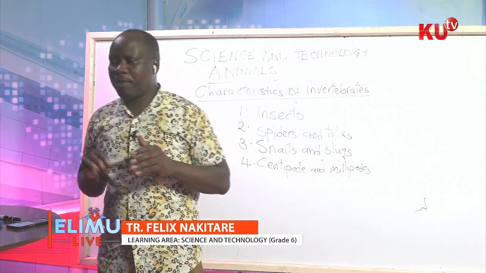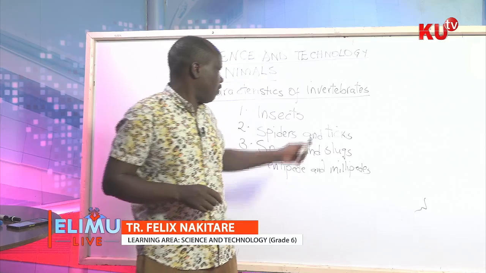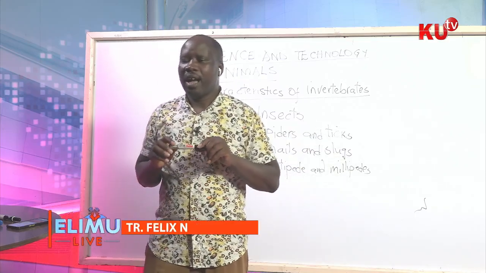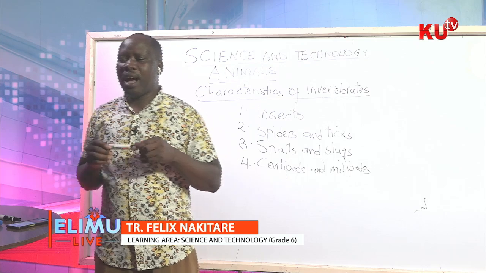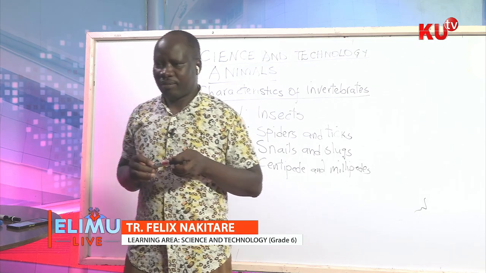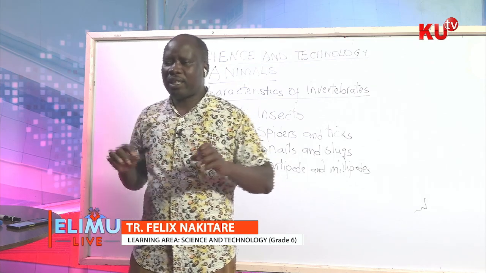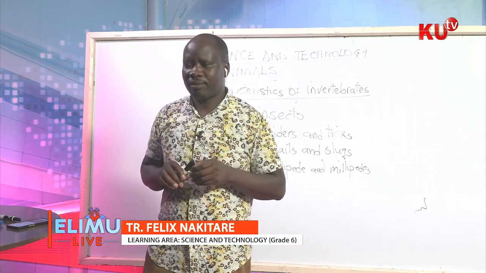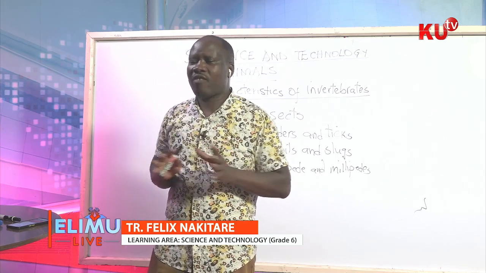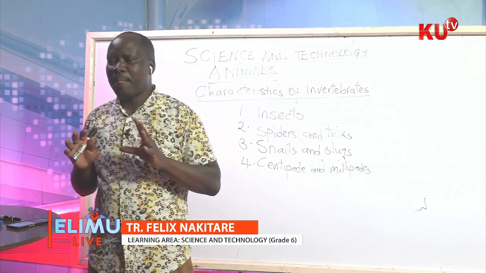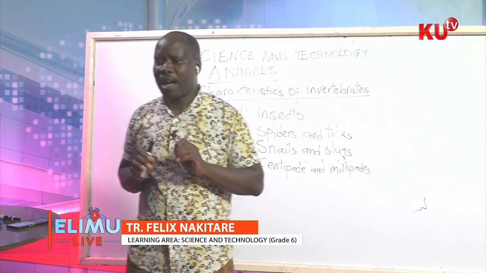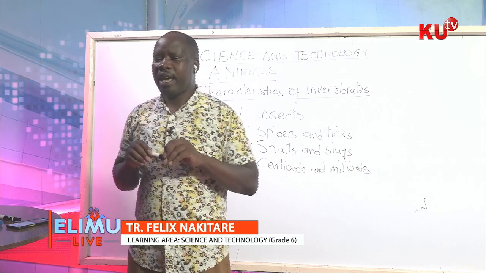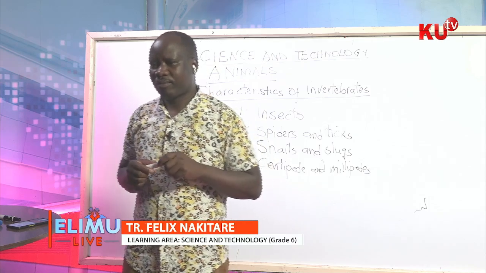So the last point, or the last characteristic of insects, we say that insects have an outer hard covering. The outer covering of an insect looks like a skin, but it's not a skin. It is the outer covering which acts as the skin, but it is a bit hard, and it is called exoskeleton.